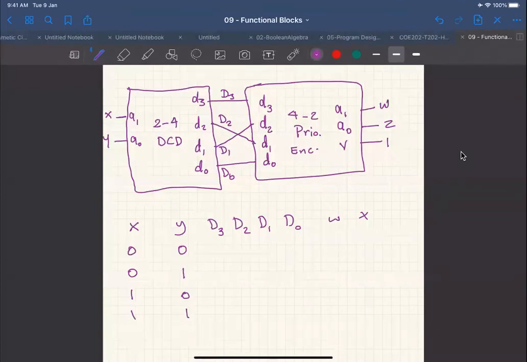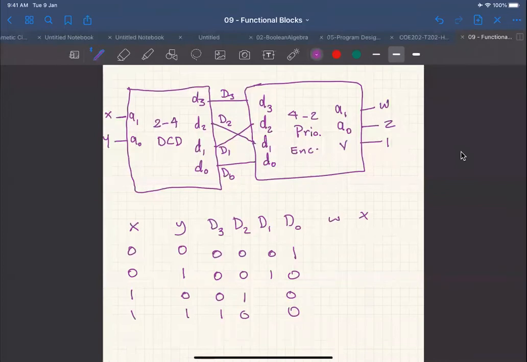What is the output of the decoder here? 0001. Yes, and then 0010. Yeah, and then the one goes to the left, and then 1.